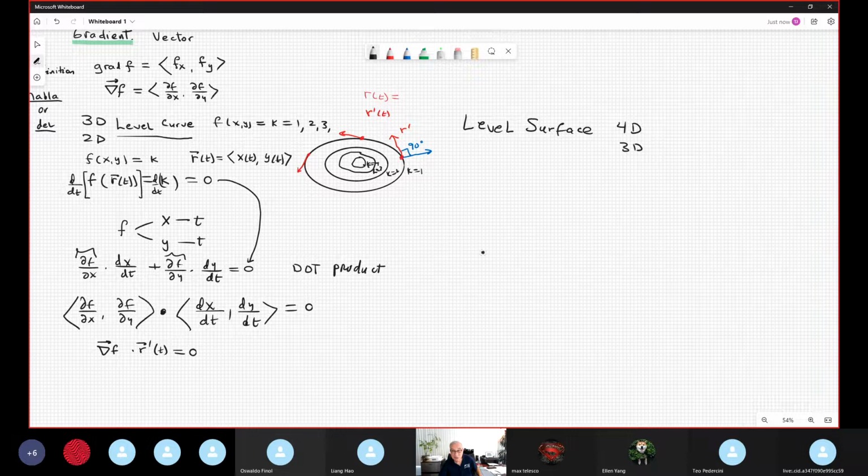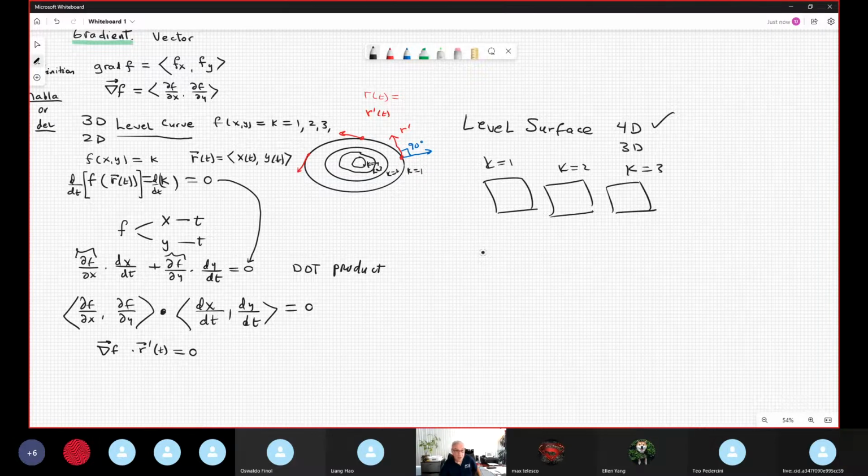So this surface in 3D is a level surface. And you have a family of different surfaces that somehow give me information about the graph in 4 dimensions. Suppose this is K1, K2, K3, and so on, different values. It's a family of level surfaces.